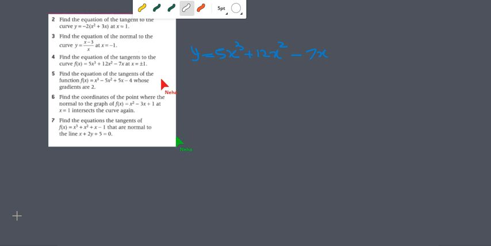So we are given an x cube equation, and they're asking us to find the tangent at x equals plus or minus 1. So first we need to find the derivative of this equation to find the slope of that line.